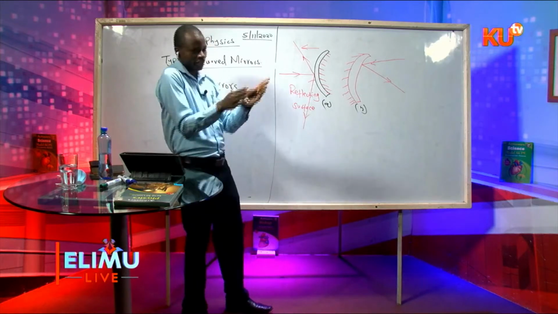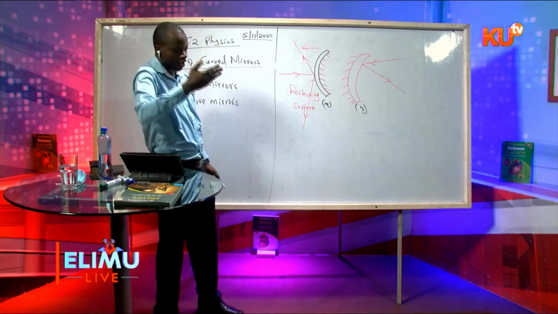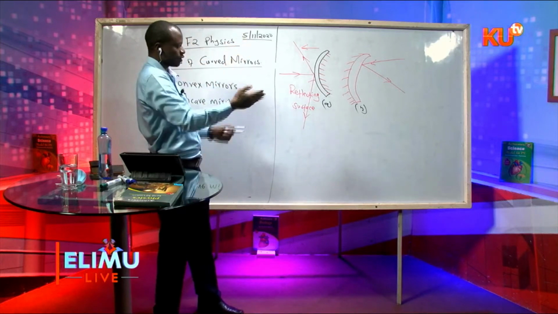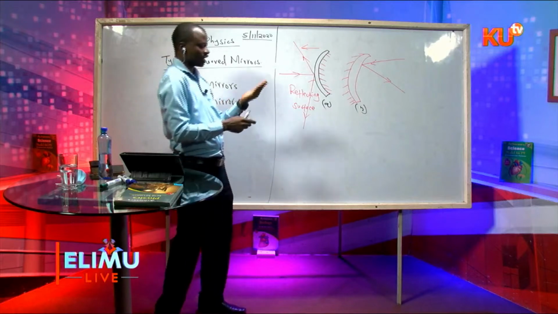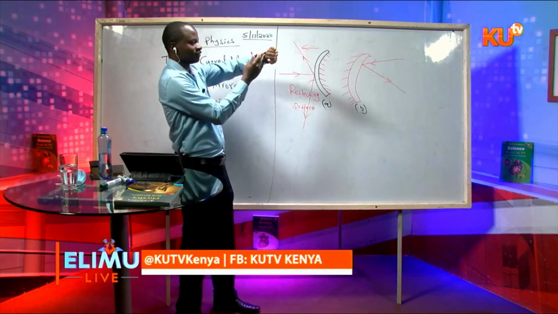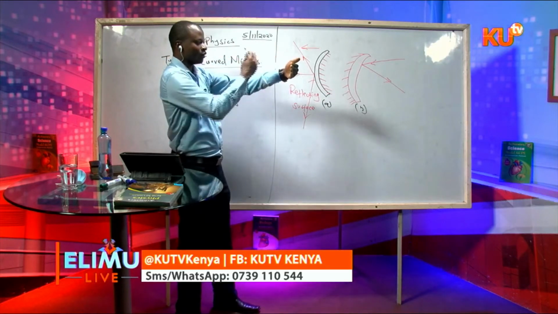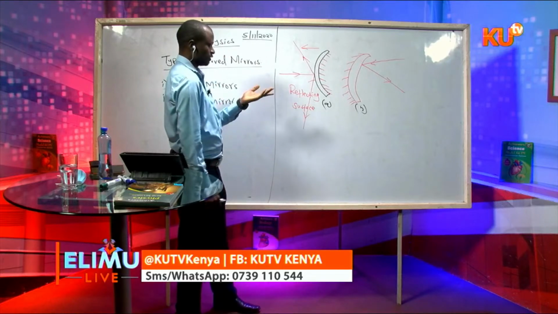So kijiko kina two sides. If this is the kijiko, there is the side ya kuweka kwa kidheri hivi ukikula, na kuna hii side nyingine. So those two, there is one side that is bulging outwards. So if you turn the kijiko like this and look at yourself, then try turn it like this and look at yourself, you will not see the same thing. You will realize there is a difference.